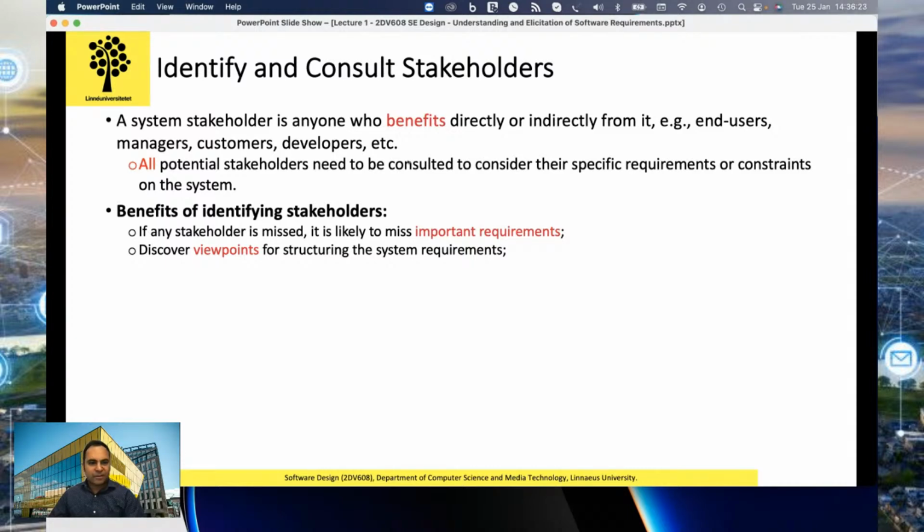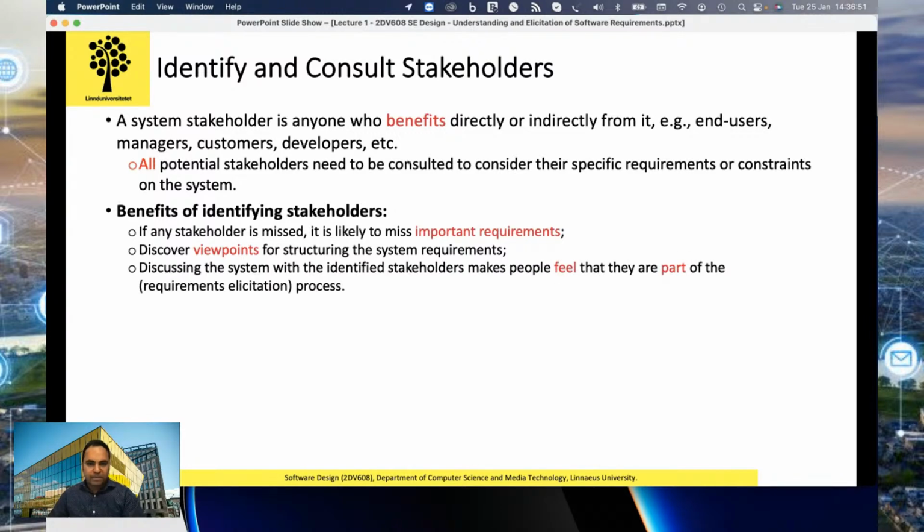You can discover different viewpoints for structuring the system requirements. So once you have requirements, different stakeholders might have their own views, right? So how they see the system, and based on their views or viewpoints, you can model your system requirements using different notations.